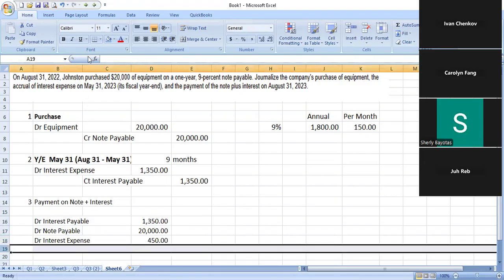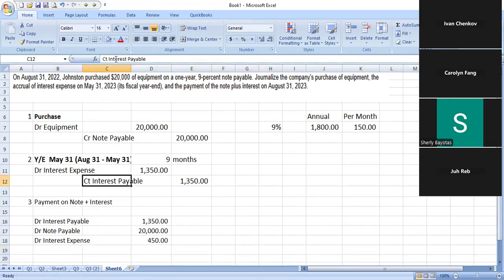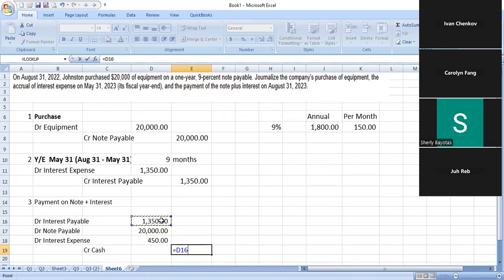In total, how much cash do I have to pay? Well, whatever comes. And that will be credit cash. Let's change this to credit. And this is the credit here, cash. Which is equal to all those 3 amounts. This plus this and plus that. 21,800. Anything scary with this type of questions?